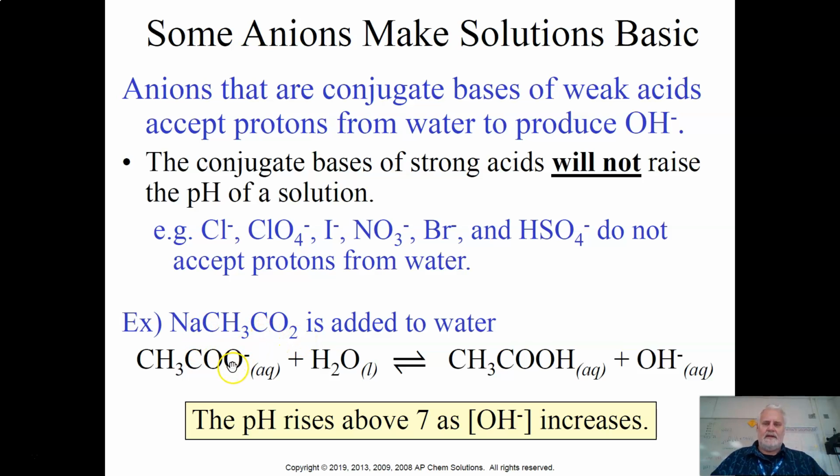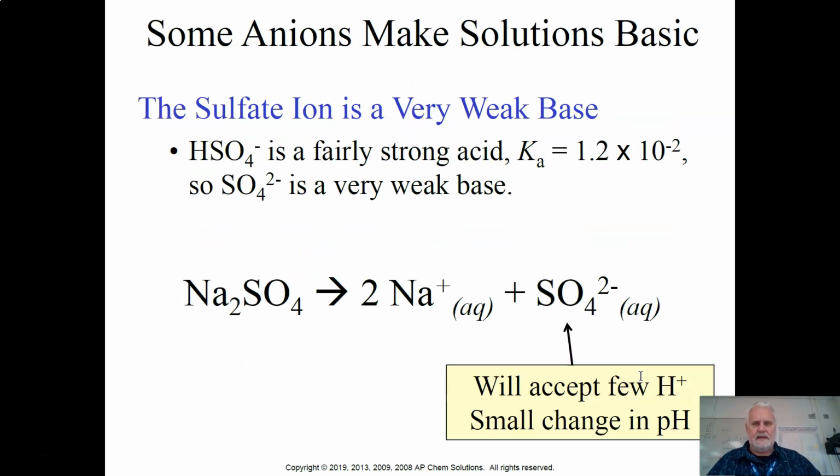However, something like your acetate ion could react with a water molecule to pull that hydrogen off so that the OH is available. There's more OH, therefore increasing the pH. So that's an example of that.